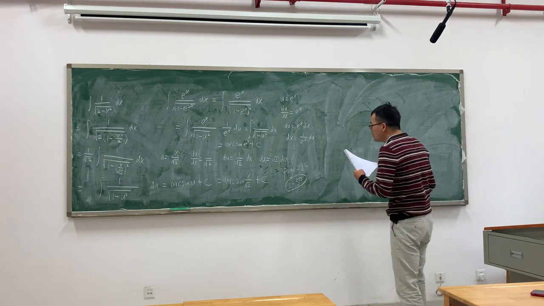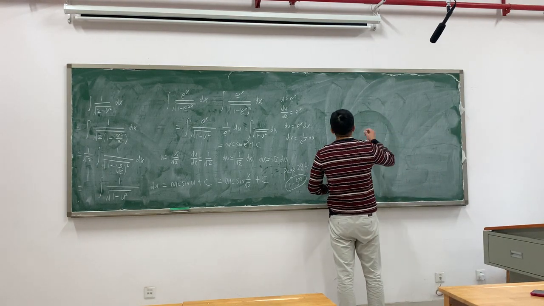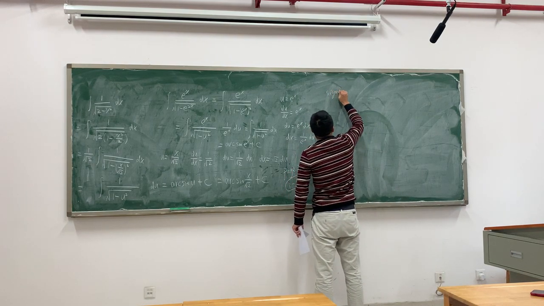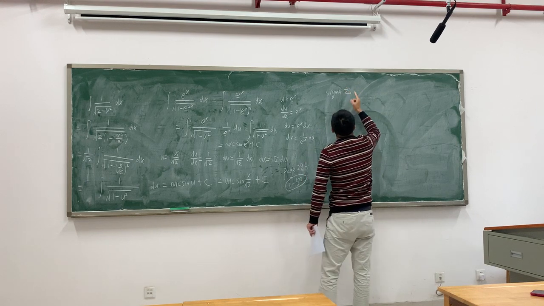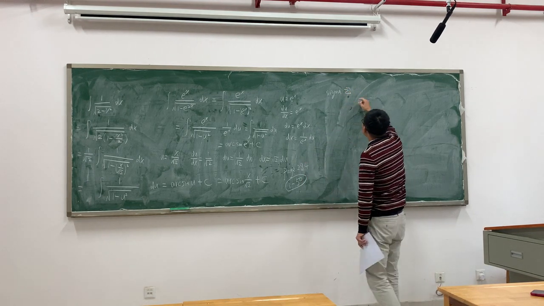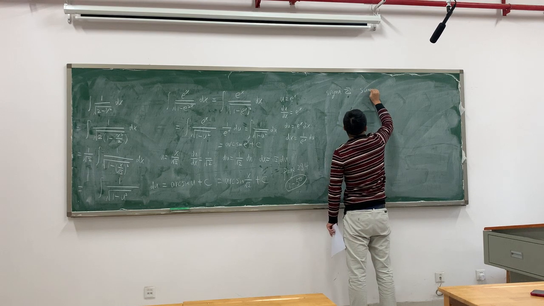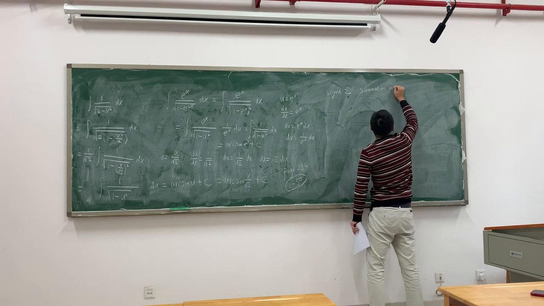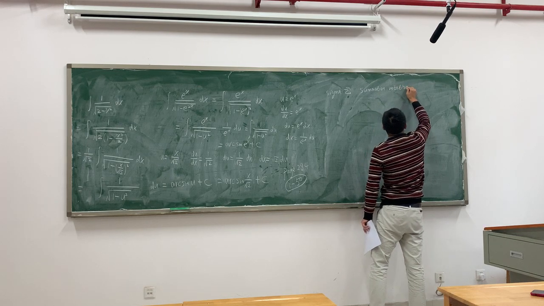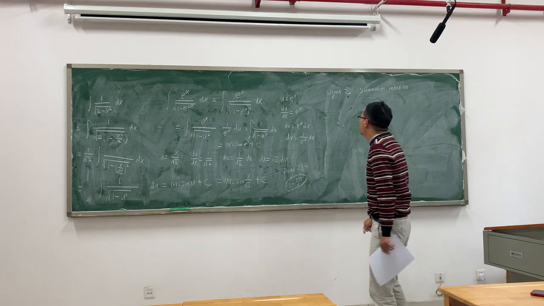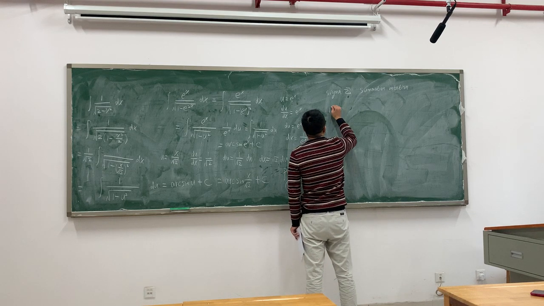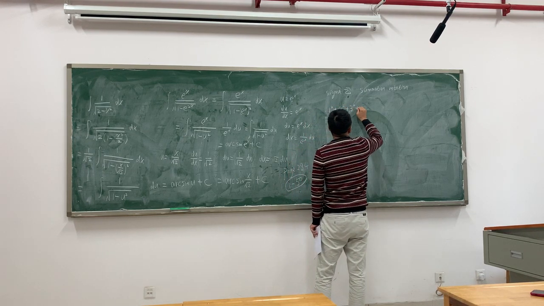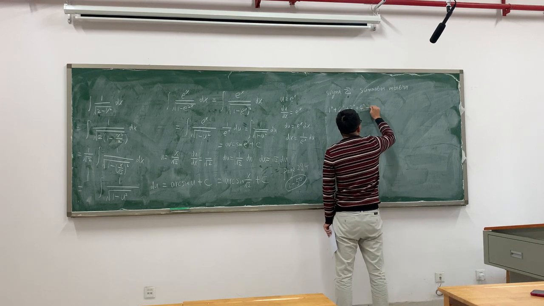For example, the notation sigma. Sigma means the summation. Summation notation, for example: 1 plus 1 squared plus 2 squared plus 3 squared plus 4 squared plus 5 squared.